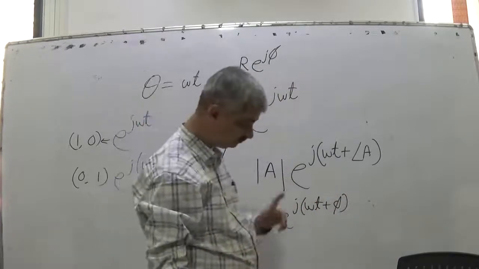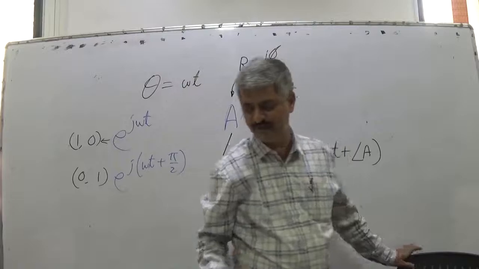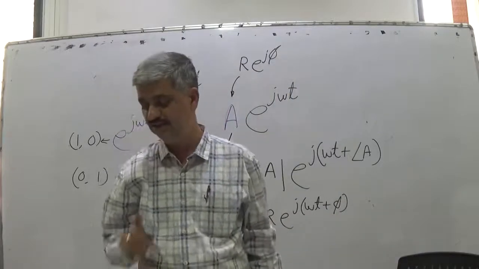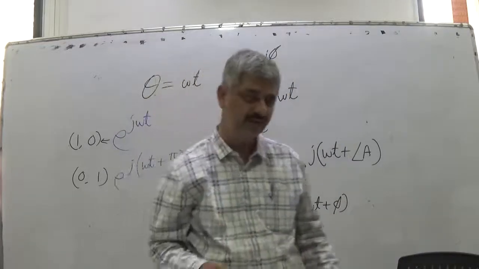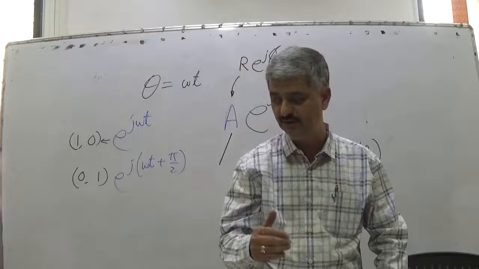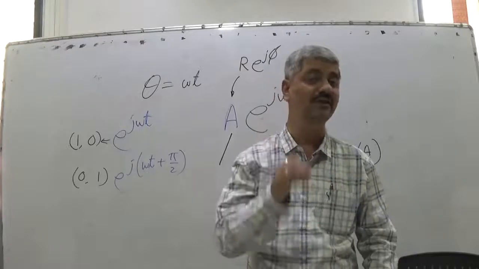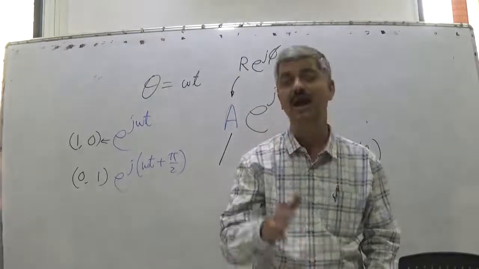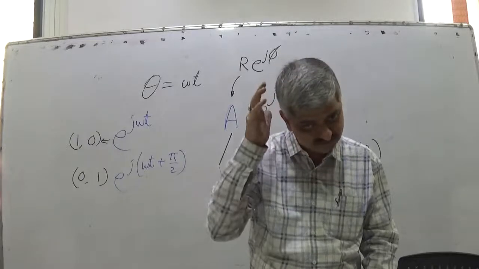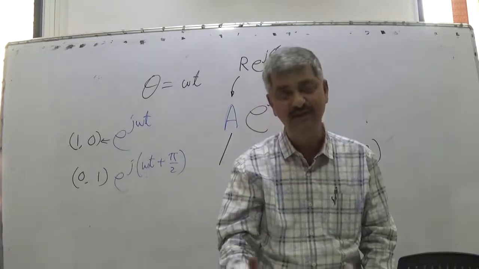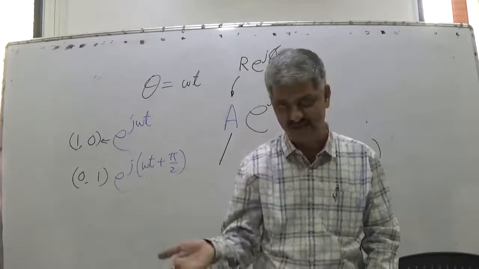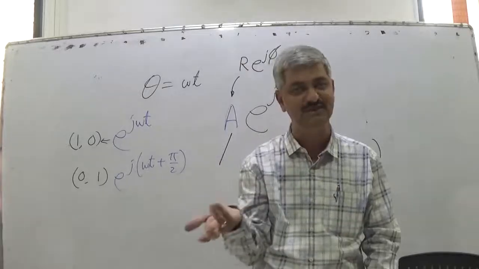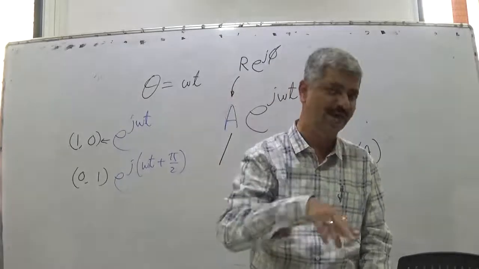So in general, phasor is a point rotating on a circle of some radius at fixed angular speed in anti-clockwise direction. If that speed is positive, it is anti-clockwise. If that is negative, we can say it to be clockwise.